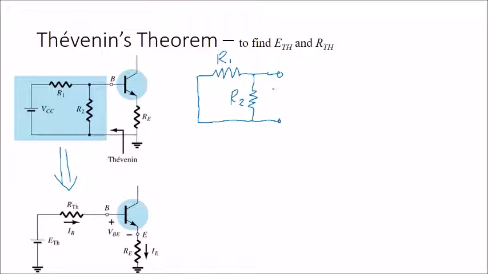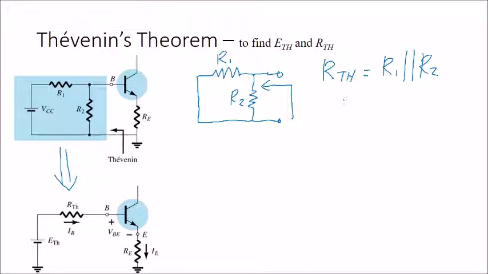So R Thevenin is the total impedance looking from here, from right to left. If you look from right to left, you get the parallel resistance of R1 and R2. So R Thevenin is equal to R1 parallel with R2.